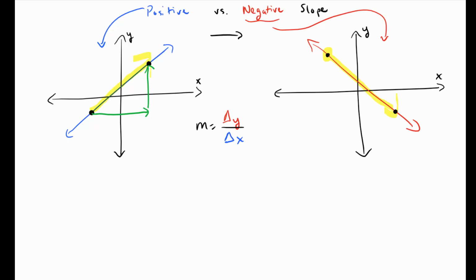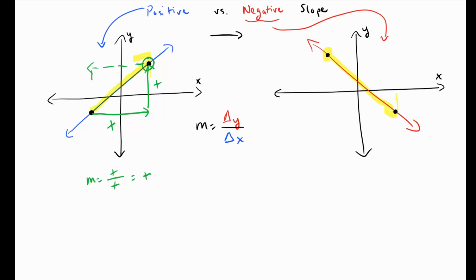And so if we look at this example, the first one here, we can see we're clearly traveling in the positive direction, and then again in the positive direction. Well, that would tell us that our slope would be a positive over a positive, which would of course be positive.